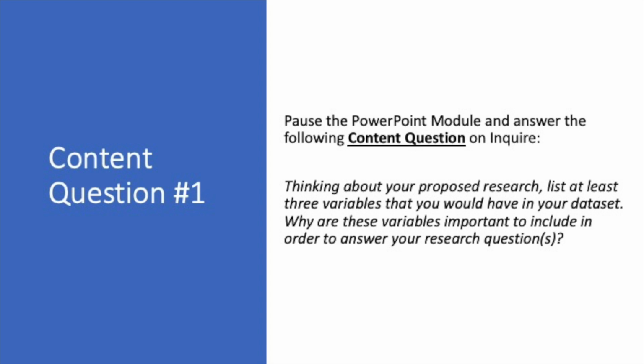Why are these variables important to include in order to answer your research questions? So you are thinking ahead here of what kinds of variables you're going to end up with, and I think it's a good time to be thinking about this. What specific variables would you end up with if you did this research? You can pause, answer this on Inquire, and then return for the rest.